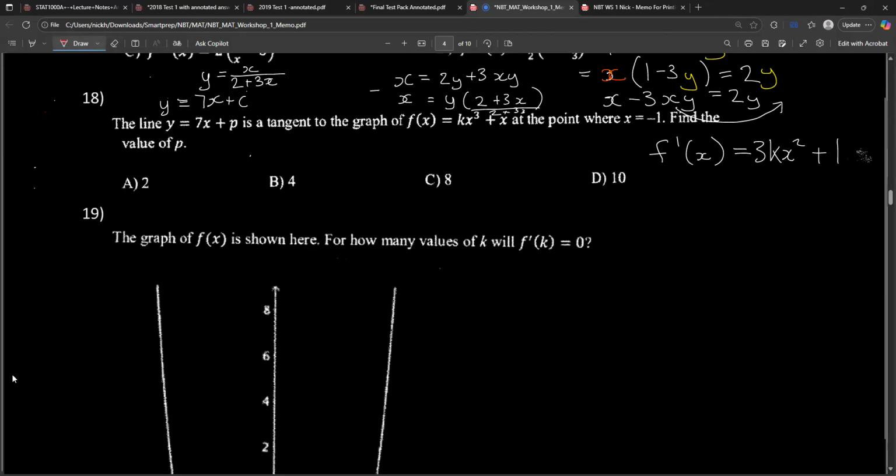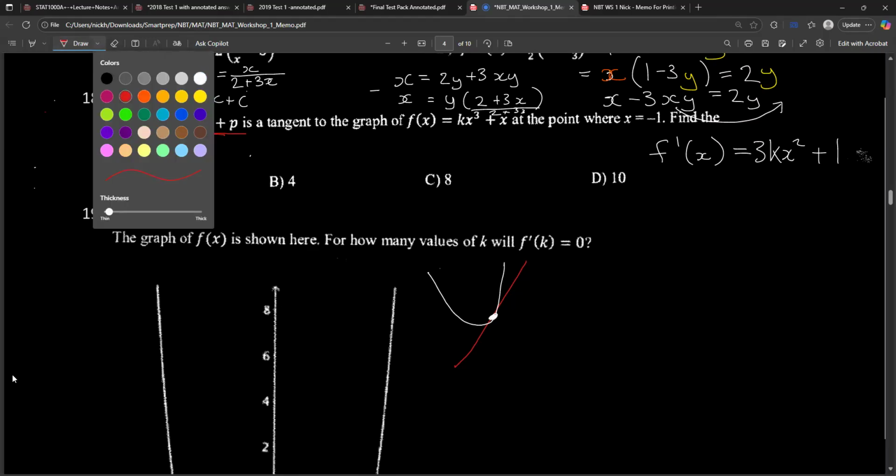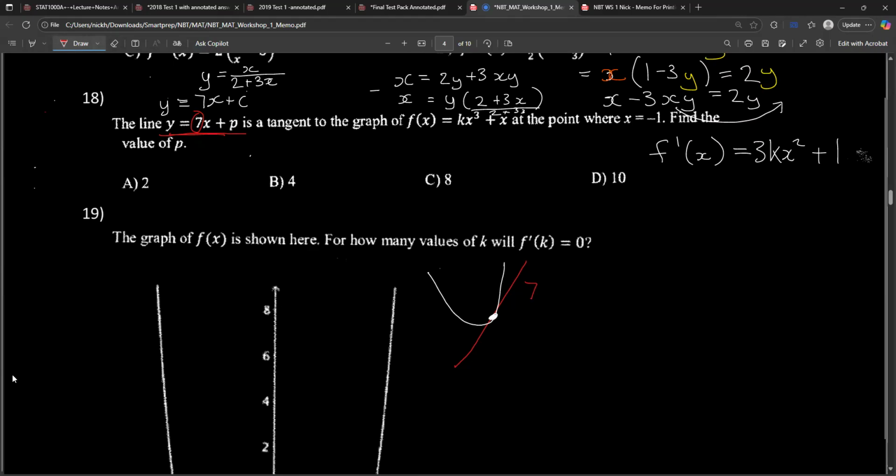What they're telling us is that the slope is 7 because they're saying that's a tangent to the graph. So let me just draw that actually. In red here, if that is a straight line and this is the graph, it's a tangent to the graph. So they're saying that the slope of this red line is 7 at the point where x is equal to -1.